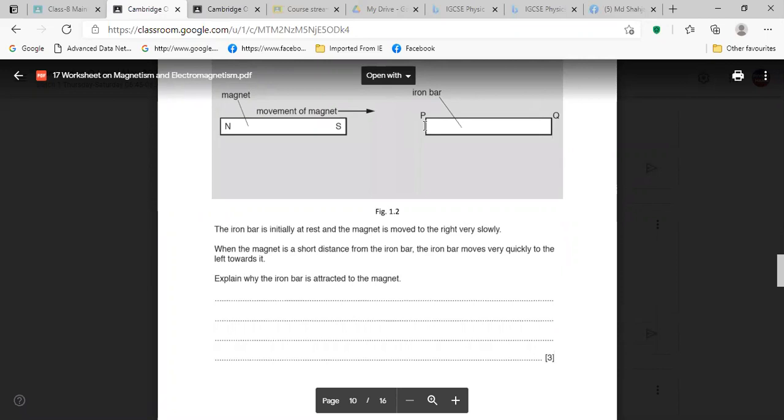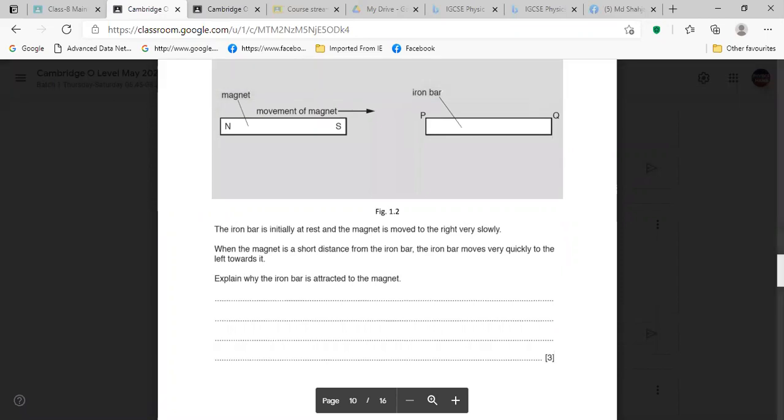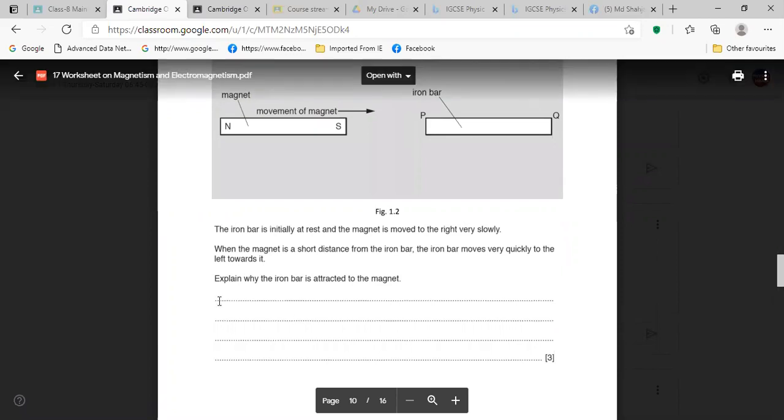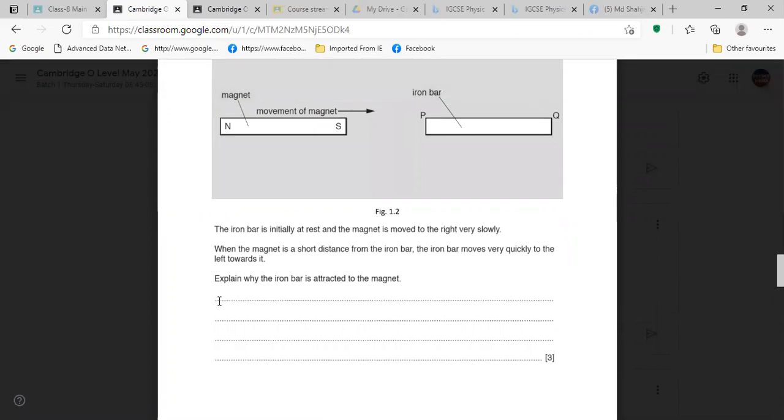So here we will arrange these 3 points. First point, what you said, the domains are arranged. For all this discussion, we can say this is the first point, that is the iron bar gets magnetized, right? So you write it here.